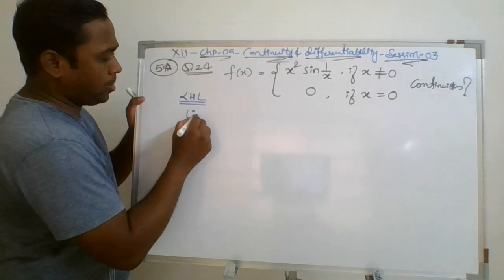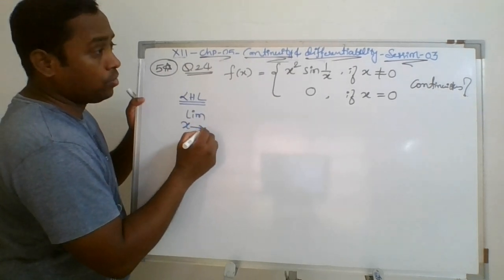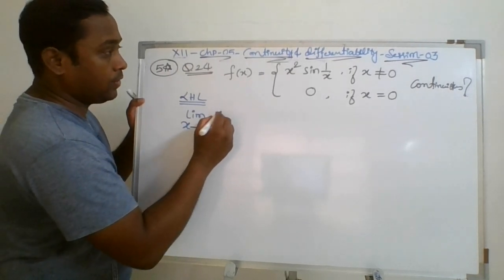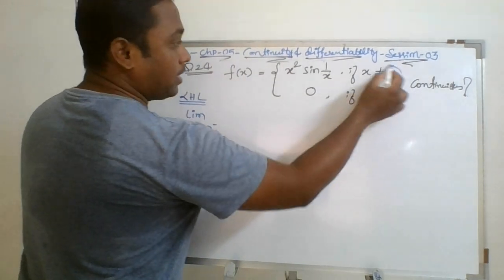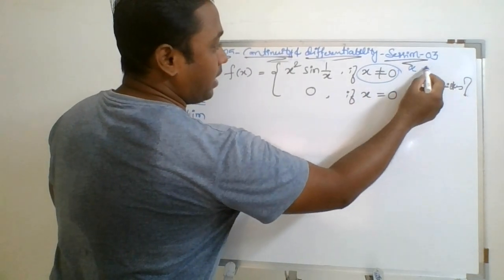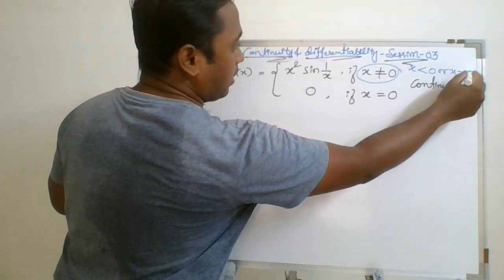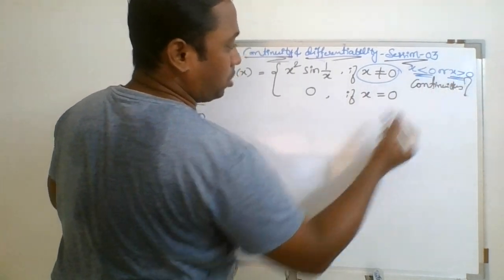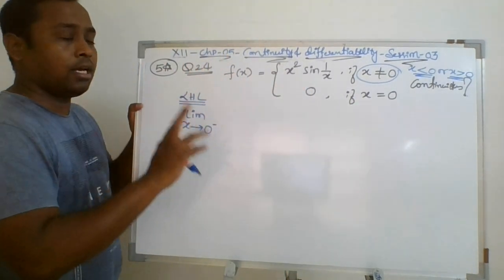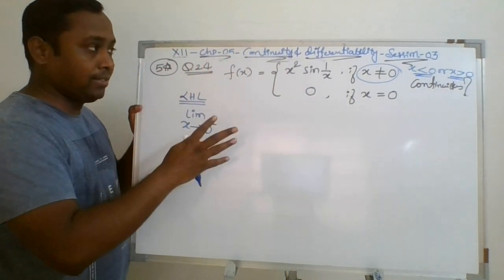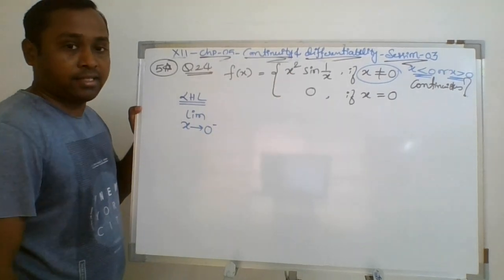So I'm directly taking the left hand limit, limit x tends to 0 minus. Since it is not equal to 0, x is either less than 0 or greater than 0. In both the limits the function remains the same.